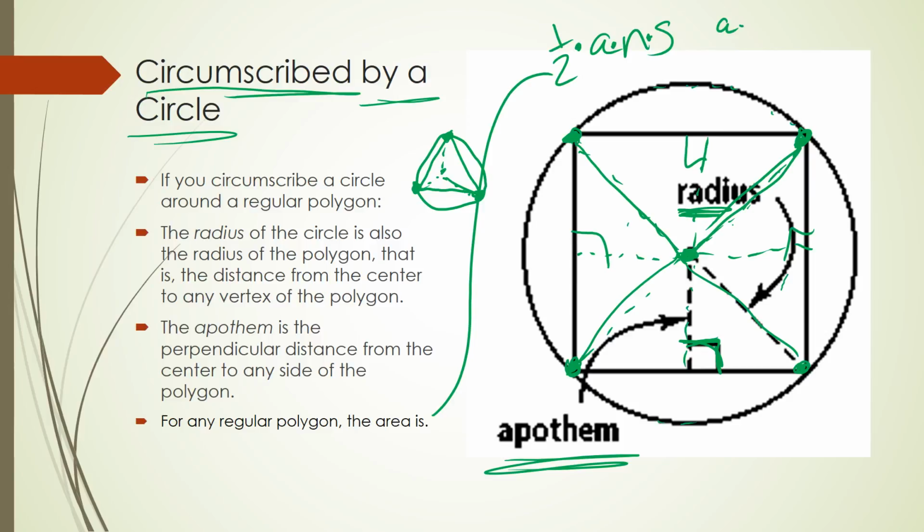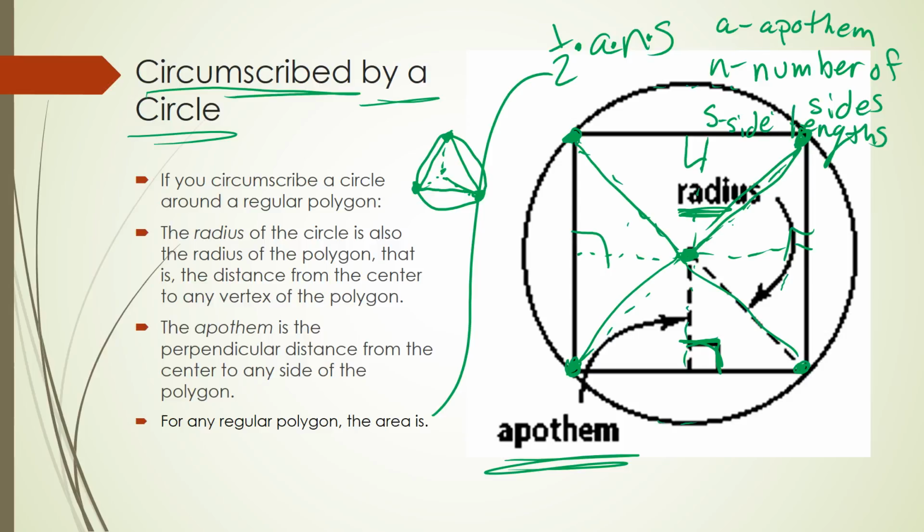So again, A is the apothem, N is the number of sides, and S is the side length. Alright, so that is what's important about a polygon circumscribed within a circle.